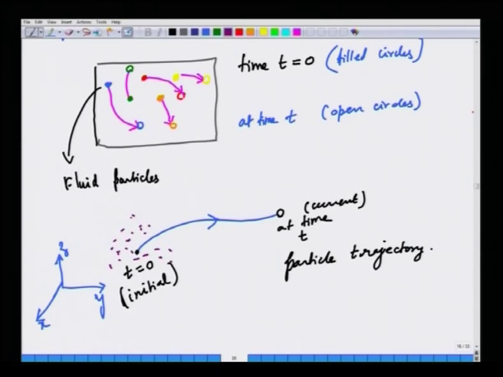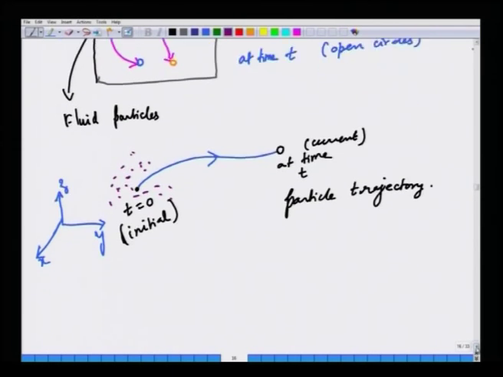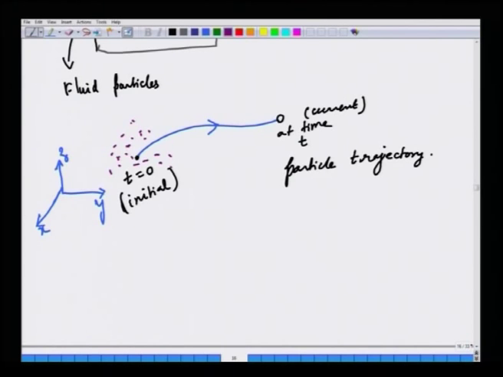So, one way to describe fluid motion is to consider all these points, and label all these points at their initial location before application of forces. So, let us label all points in the fluid based on their initial positions.